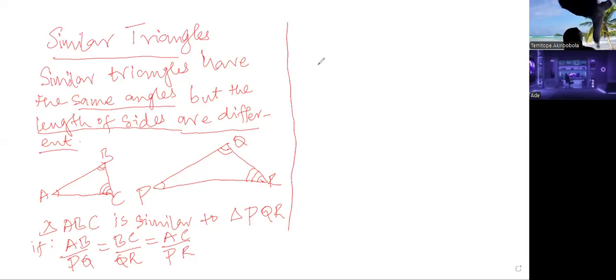And also, angle ABC is equal to PQR, just as I mentioned the other time. This angle here is equal to this angle here. Angle BAC, that's angle A now, equals QPR.